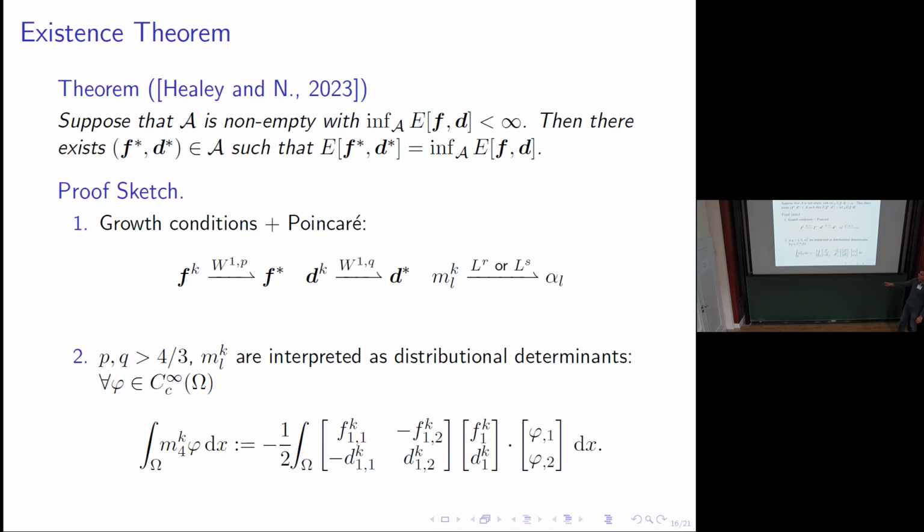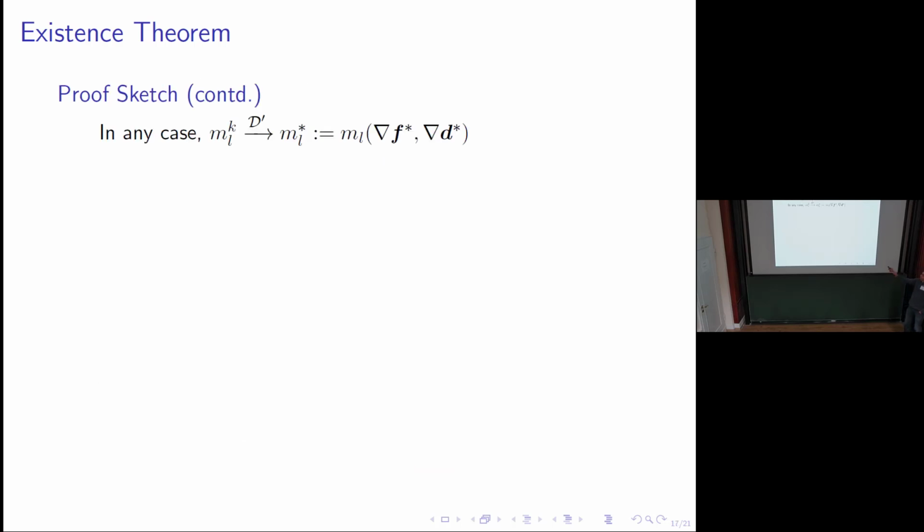This is how the distributional determinant acts on a test function. Anyway, it's well known that these distributional determinants converge distributionally to M_L star, which, as I mentioned, is M_L at the minimizer. We don't know it's a minimizer yet, but at the limit.